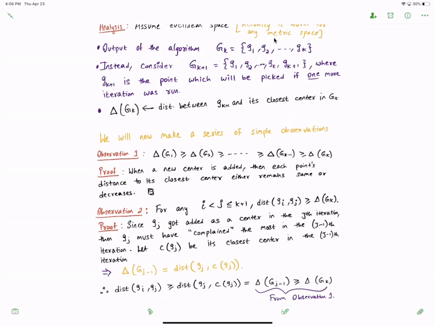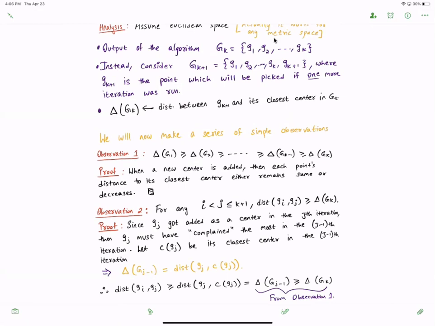And in that (j minus 1)th iteration, let's say C of G_j was its closest center. It must have chosen somebody as its closest center, and after choosing that, it complained the most.